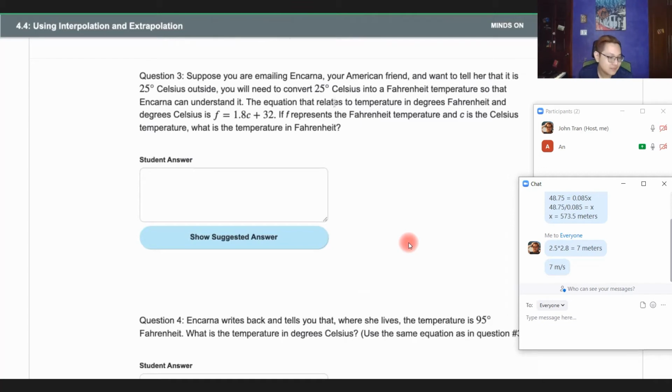The equation that relates temperature in degrees Fahrenheit and degrees Celsius is F equals 1.8C plus 32, where F represents the Fahrenheit temperature and C is the Celsius temperature. What's the temperature in Fahrenheit?